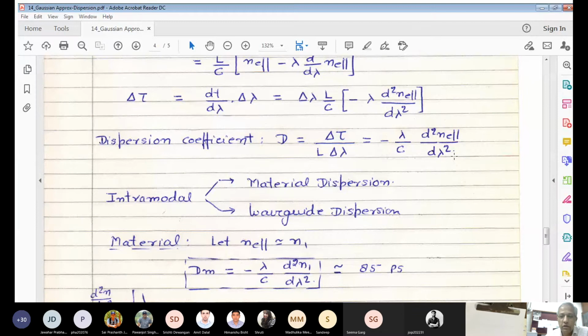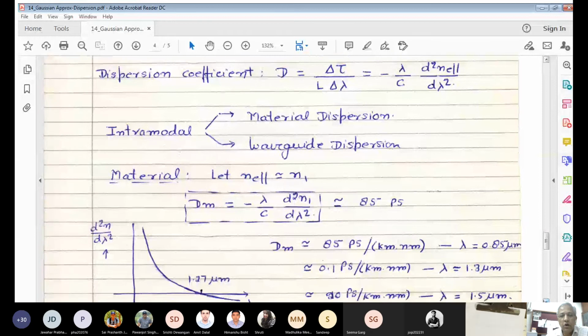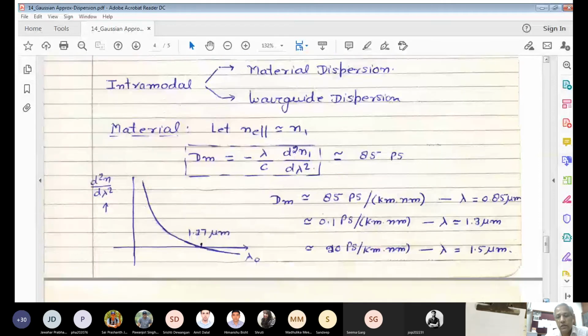It may not always work in all waveguides, but in step index fiber, it's a very good approach. Let us see on what factors the material dispersion depends, and what is roughly the material contribution and what is roughly the waveguide contribution. Let me estimate the material dispersion first.